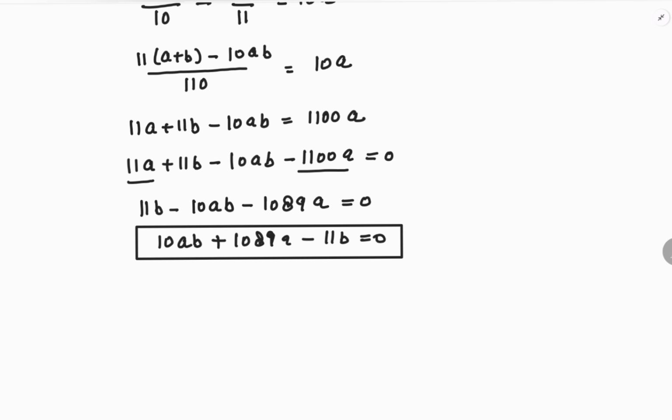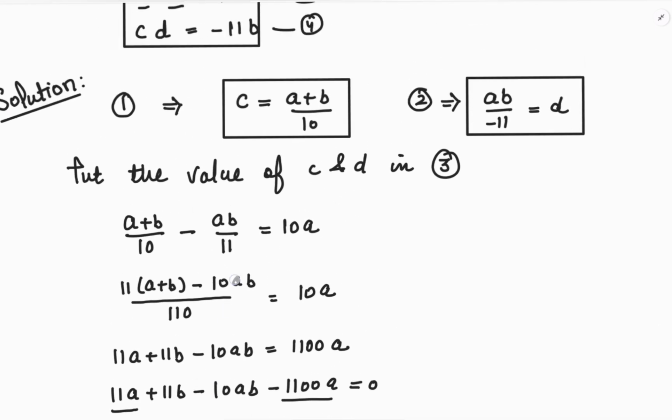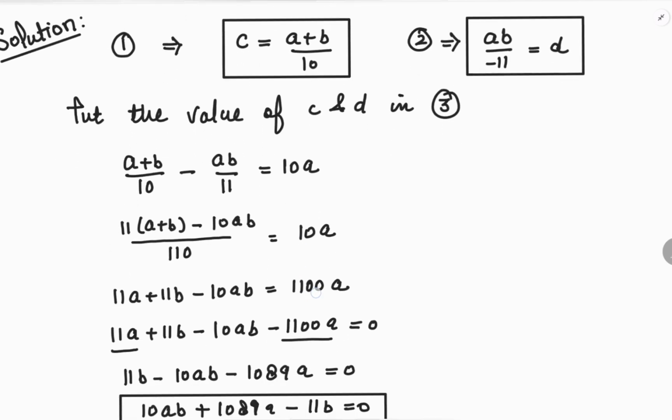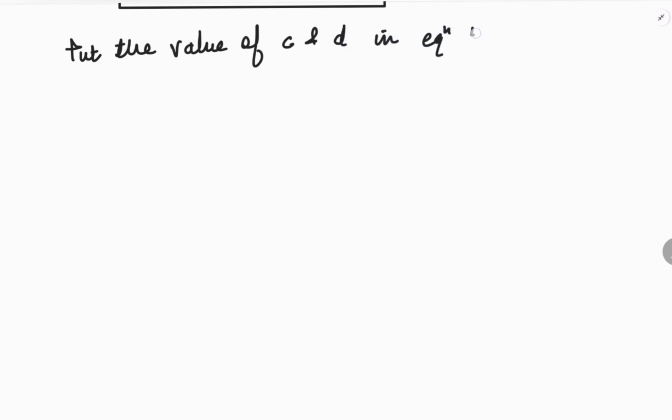Okay, now what will we do? We will again look at C and D, and now we have equation number 4, right? Now I will put the value of C and D in equation number 4. So I will write, put the value of C and D in equation number 4, right?